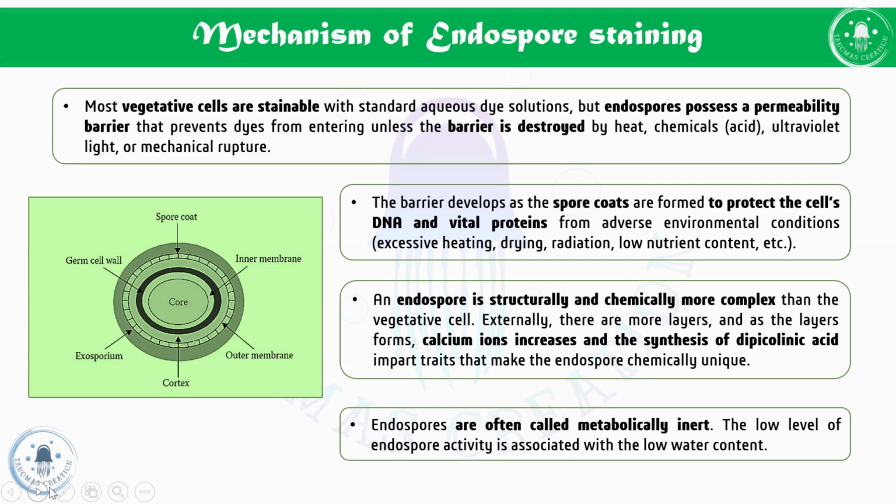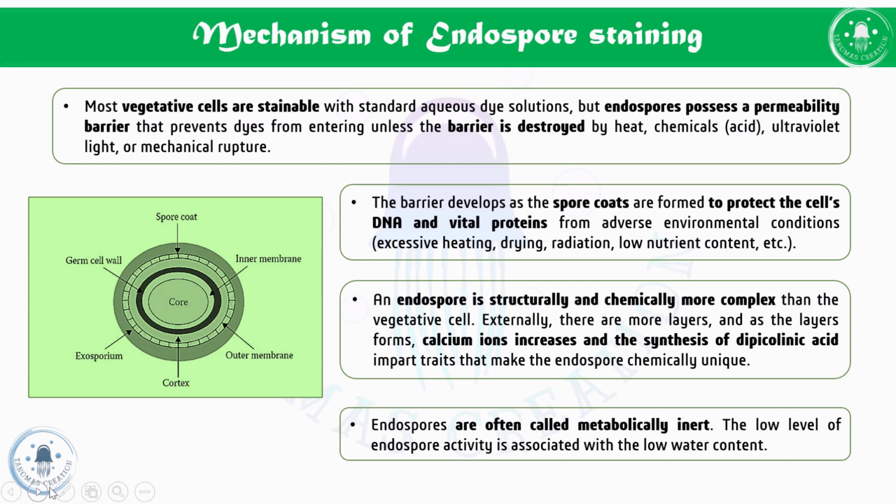Now endospores are often called metabolically inert. What is metabolically inert? That means they do not carry out any type of metabolism when they are in the dormant stage, in order to save energy. Okay, so they do not carry out any metabolic activity. Only basic activities occur which are required to survive in the dormant stage. Only that much occurs, not more than that. Okay. So the low level of endospore activity is associated with low water content.